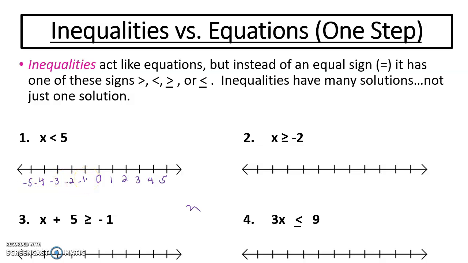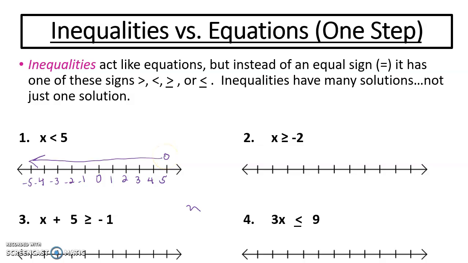So x is less than 5. I'm going to put my circle above 5. It's less than, so I go to the left, put my arrow, and since it's only less than, not less than or equal to, I'm going to leave that circle open.